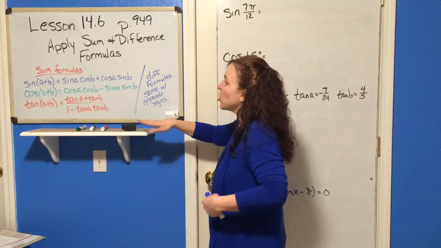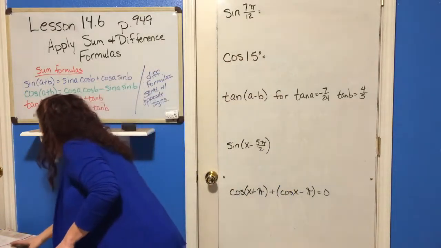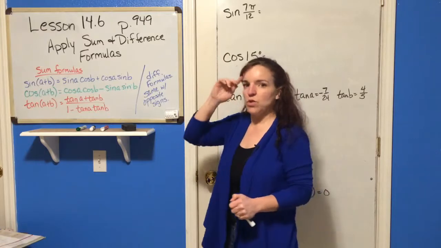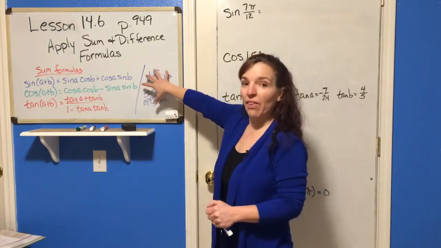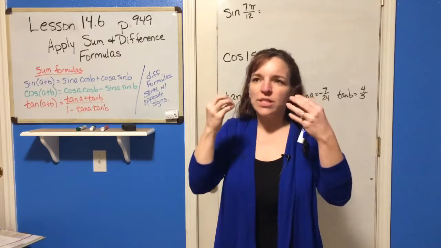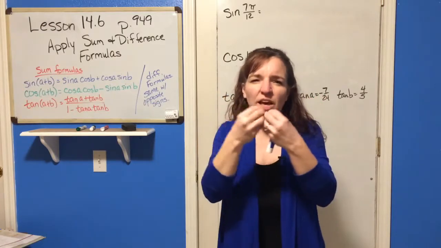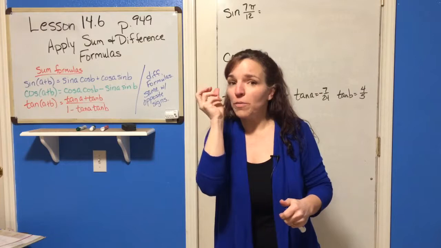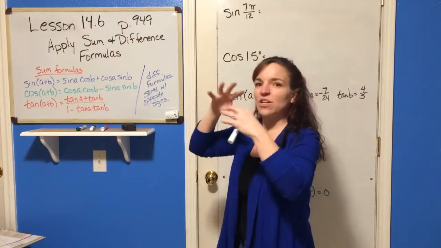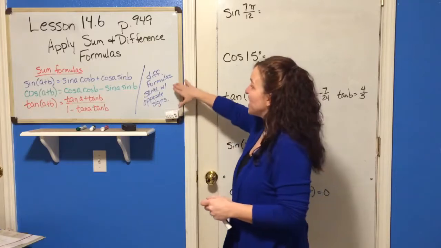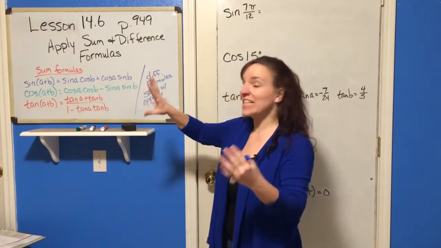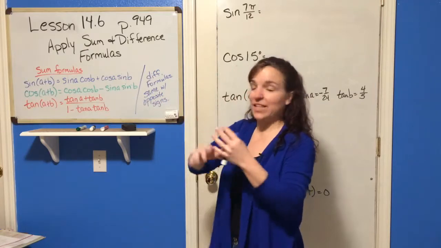Now, if you look in your book, I believe on page 949, all of these are written out for you. If you're not clear about this, what I've done a lot of times with formulas is look to see what the similarities are; it's easier for me to memorize them. So instead of memorizing another whole set of formulas, the difference formulas are exactly the same formulas, except all of the signs are the opposite.